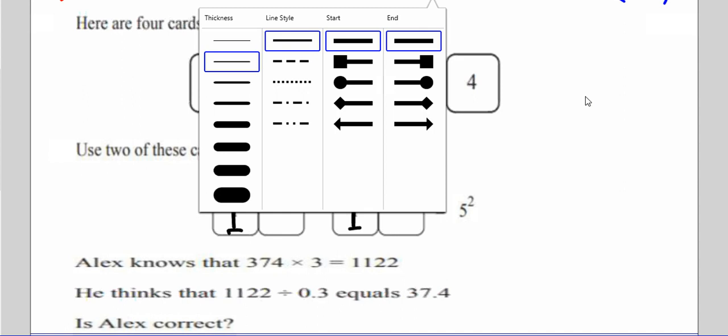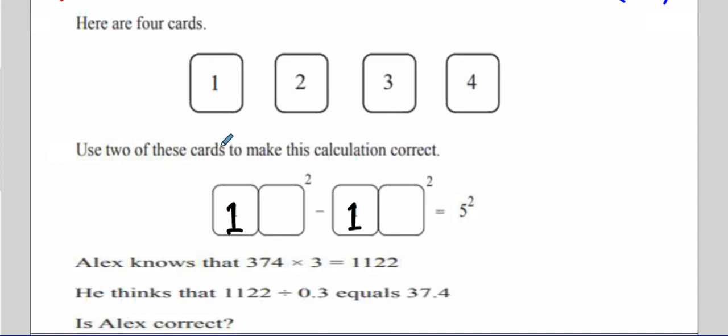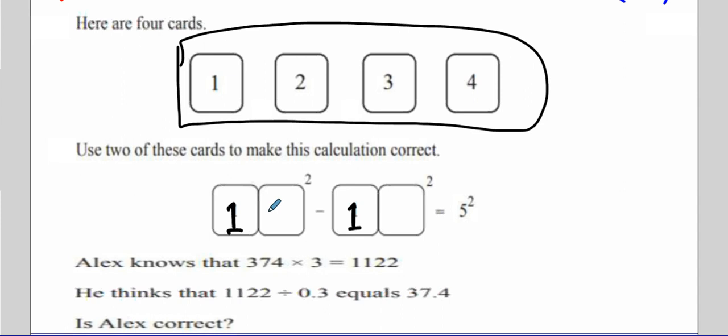to select a card from these 4 cards, so that when you put its number over here and pick another number from these 4 cards, put it over here, so that when you square these 2 cards minus the square of these 2 cards, then the result should be equal to 5 squared.